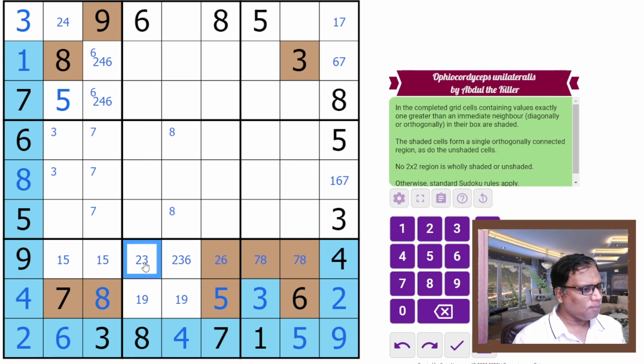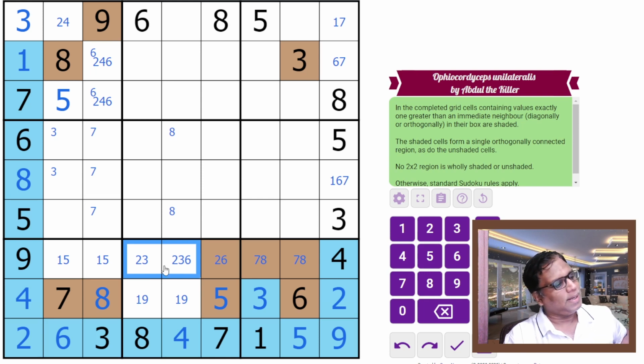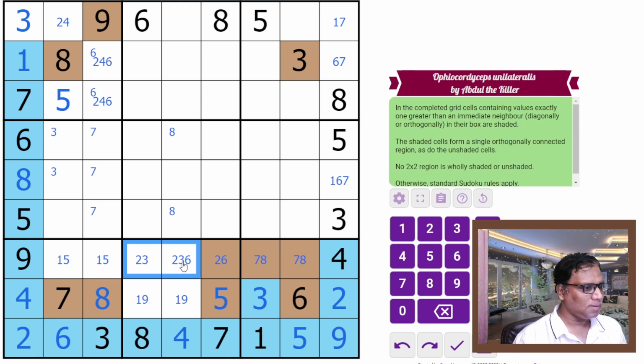Okay. Right. So 2 is here. Maybe I was just thinking that this is a 2, 3 pair. It's not like that. So I don't think we can do anything here. So just let me take one more look. My logic was that these both must be dark, but not necessarily, because if 6 is here, if 3 is here, if 6 is here, that is going to be 2.